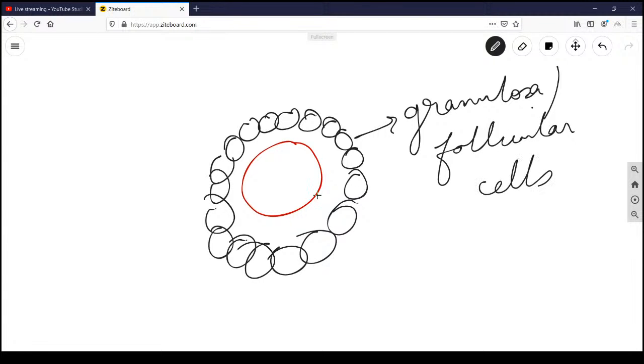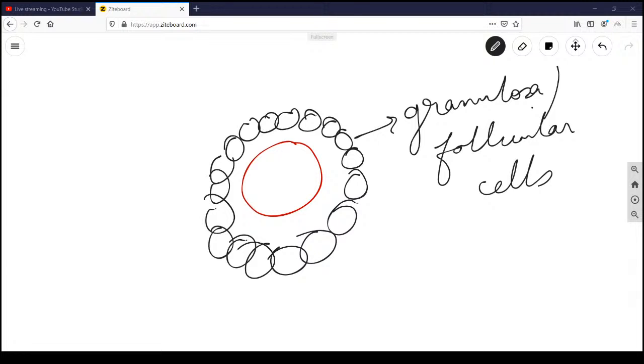You will be wondering why I haven't drawn them perfectly in contact with it, because something very important will be discussed from both the board and competitive exam perspectives, known as the zona pellucida. While the primary follicle takes shape, a prominent translucent non-cellular membrane known as the zona pellucida forms between the primary oocyte and its enveloping follicular cells.